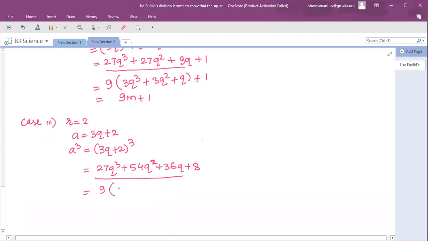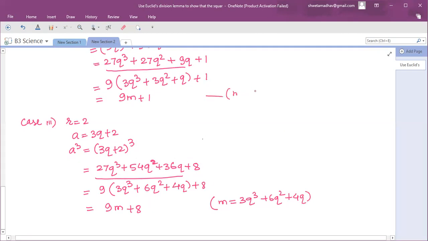Taking 9 common: 3q cube plus 6q square plus 4q plus 8. This is equal to 9m plus 8, where m is equal to 3q cube plus 6q square plus 4q. So these are the 3 cases and we got 3 remainders.